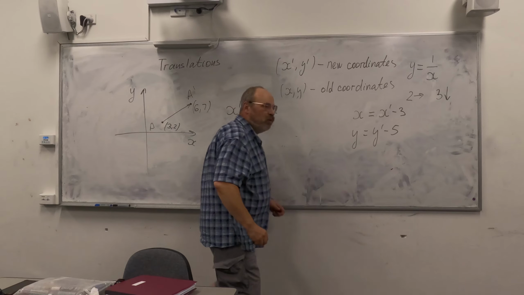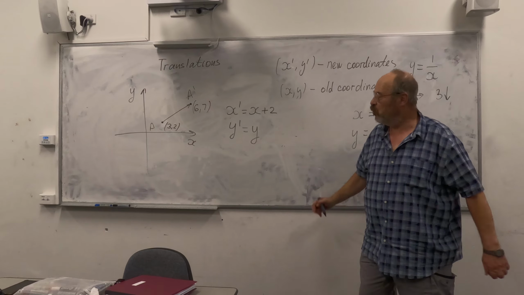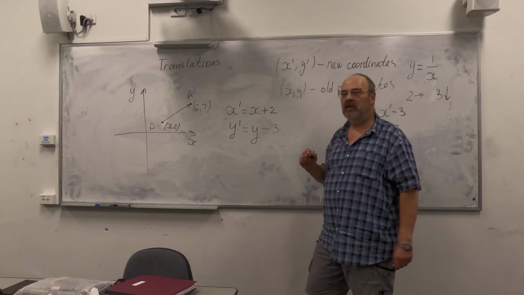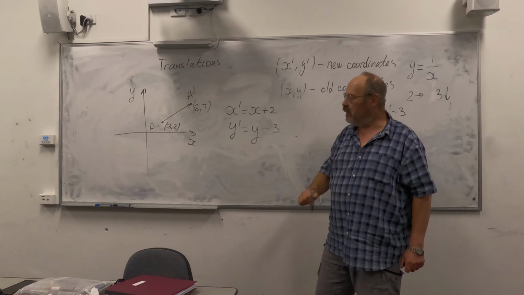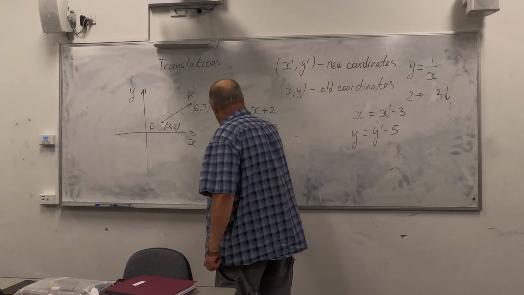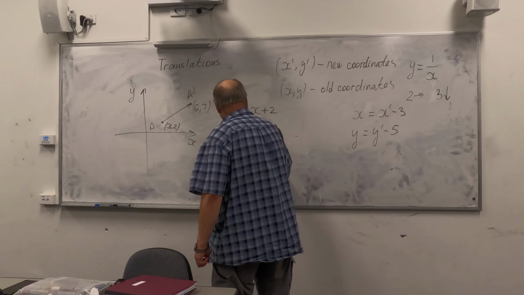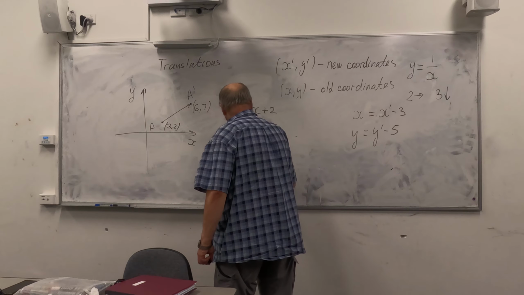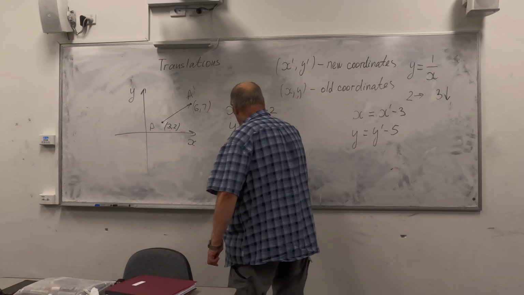What did we do to the old coordinate? y dash equals y minus 3. Let's rearrange this to make the old coordinates the subject. So we have x equals x dash minus 2, and y equals y dash plus 3.